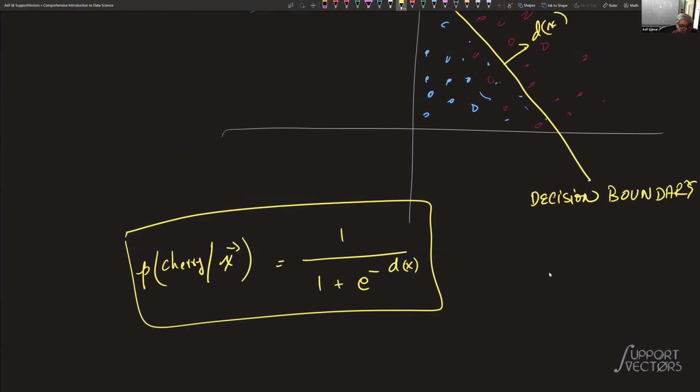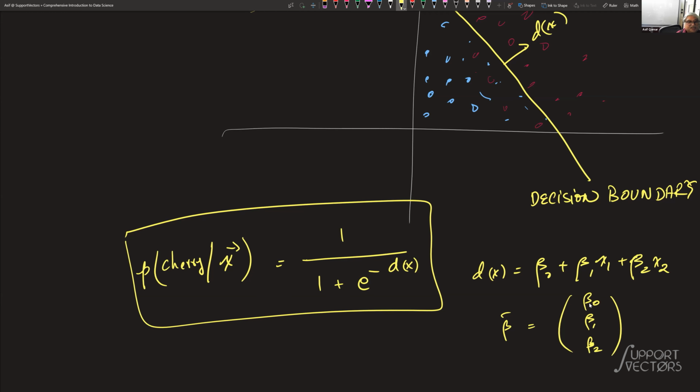How do we learn these parameters of d? d ultimately is made up of a beta vector, which is made up of beta naught, beta 1, beta 2. We need to learn these parameters.